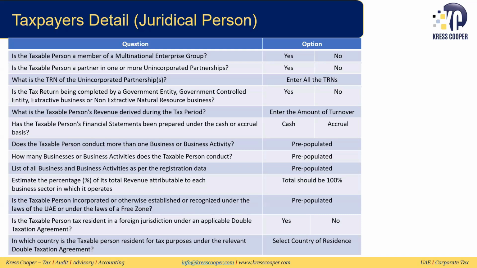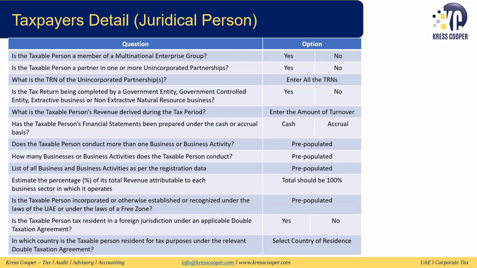We discussed in last week's webinar as well that these are exempt persons who get automatic exemption: a government entity doing a sovereign business, a government controlled entity doing mandated activities, an extractive business or non-extractive natural resource business, if you've notified the ministry, you are exempt from corporate tax.